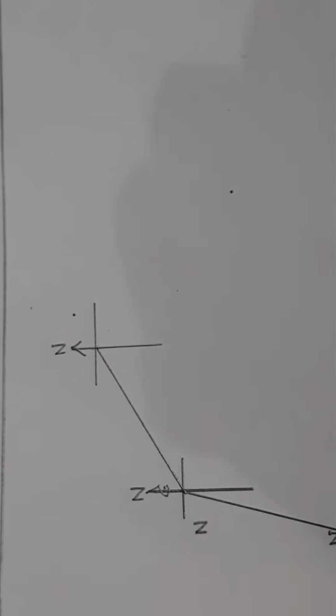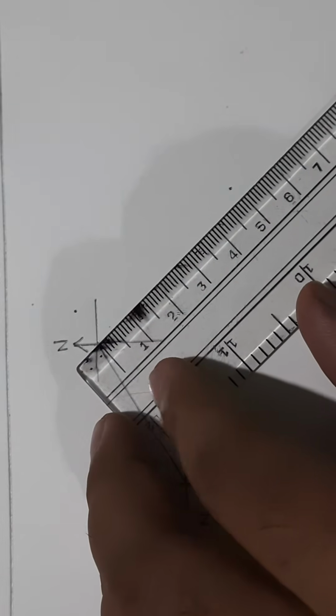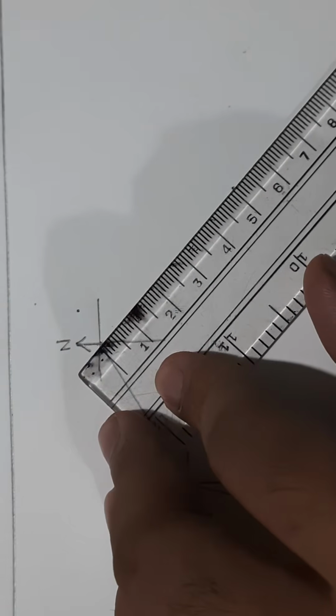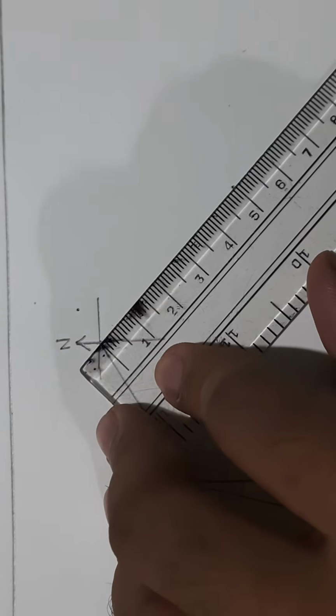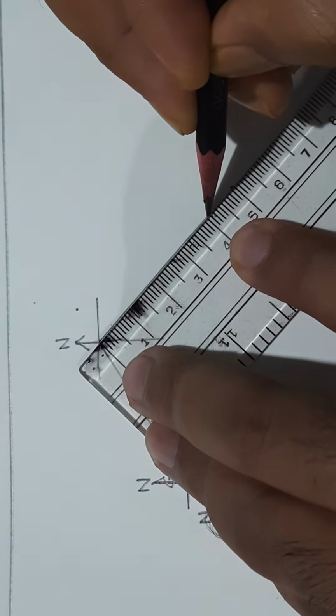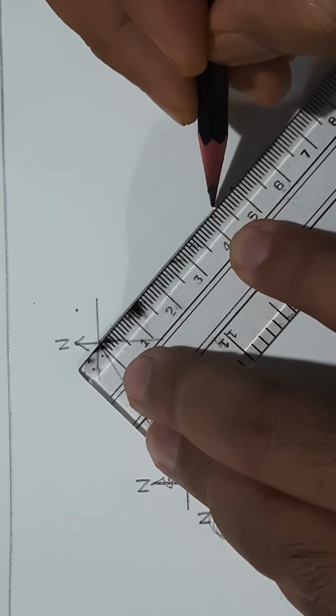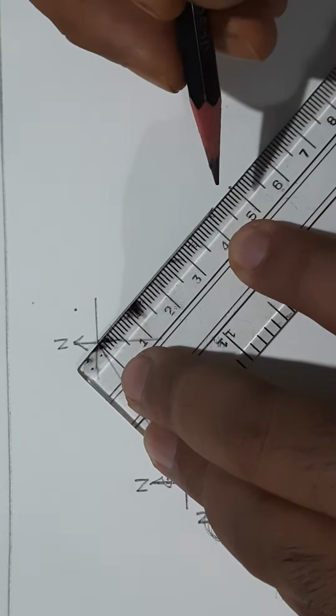So now I am drawing a line of length 4.3 centimeter. So this is 4, 1, 2. This is 4.3 centimeter, okay.